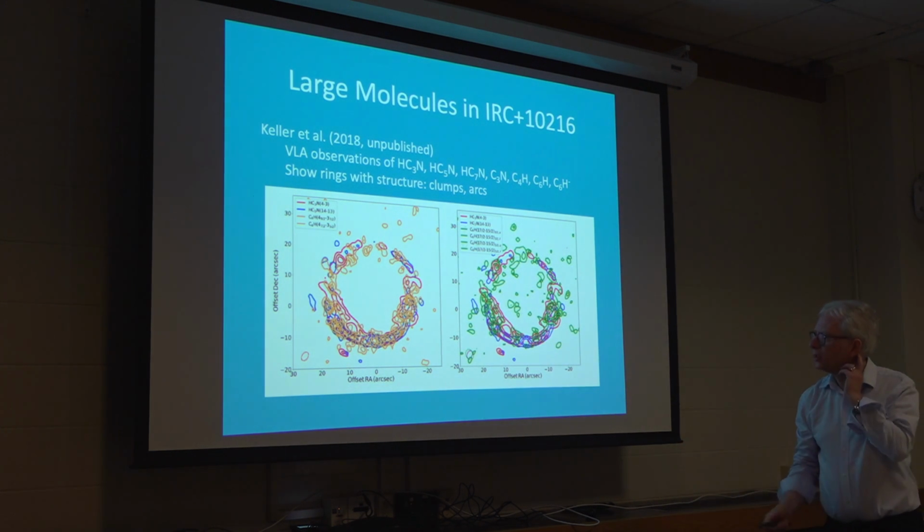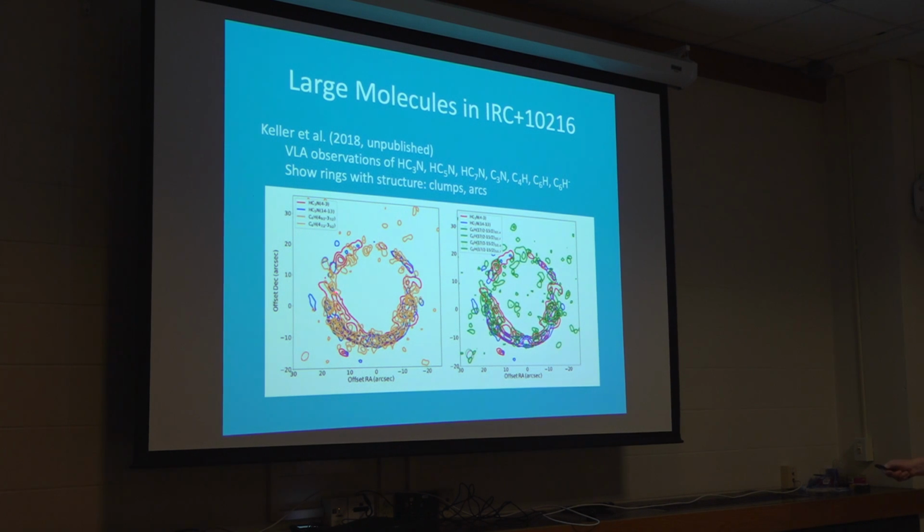We tried to look at this model. So this is some unpublished work that Denise Keller has done at the VLA, which has looked at a variety of these carbon chains. Again, this is the external rings of complex molecules. Red is HC3N, blue is HC5N.